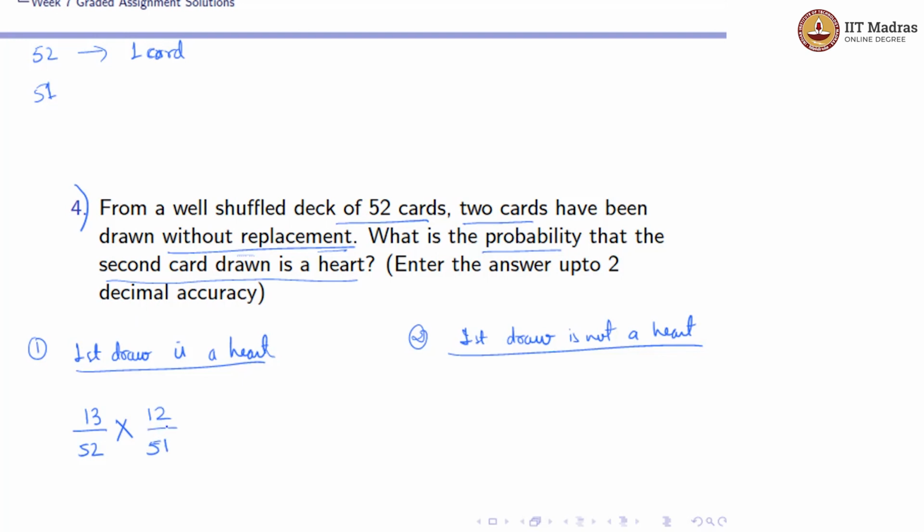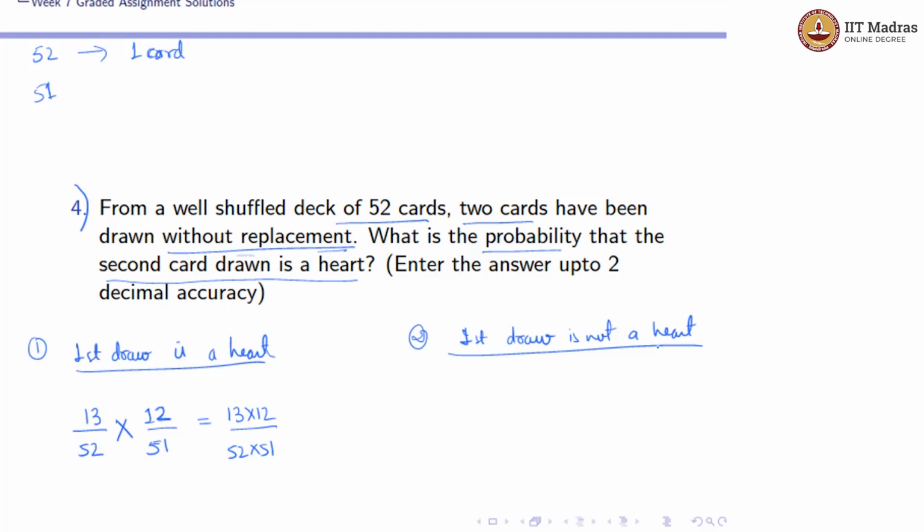Since this is without replacement, a total of 51 cards will be left, and we have already removed 1 heart in the first draw, so a total of 12 hearts remain. So this is going to be 13 into 12 divided by 52 times 51.